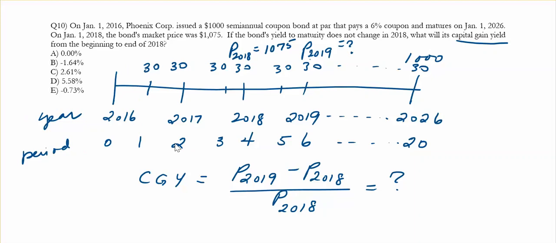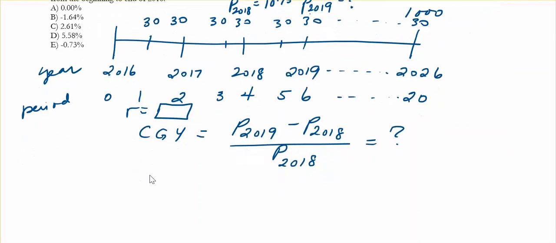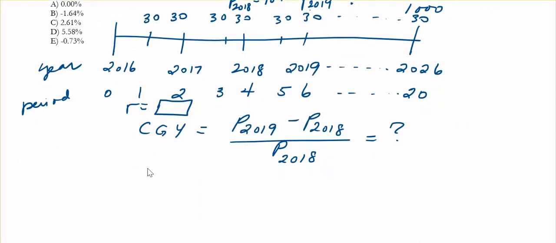But the thing that we don't know is what is the discount rate. So we need to know the discount rate so we can find the price in 2019 so that we can find the capital gain yield. So let's get to work. First, let's find the discount rate. Now, in 2018, notice that 4 periods have already passed since the bond was issued. It's actually irrelevant that the bond happened to have been issued in 2016.